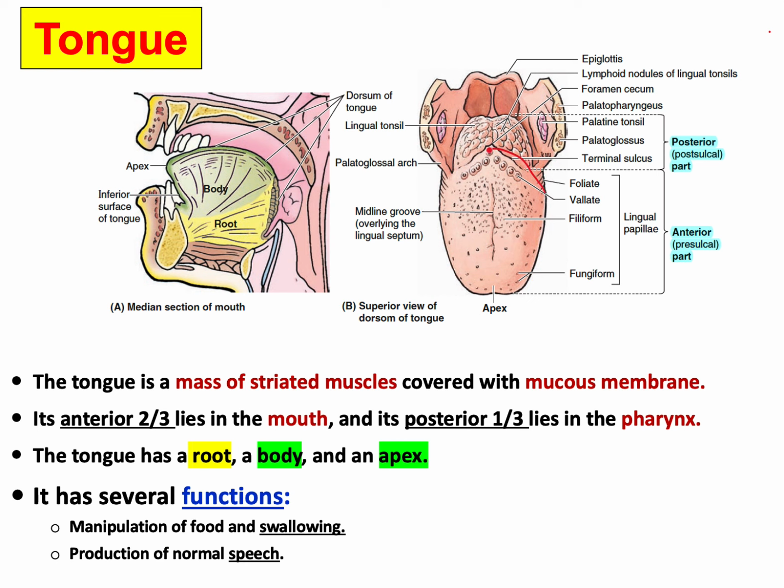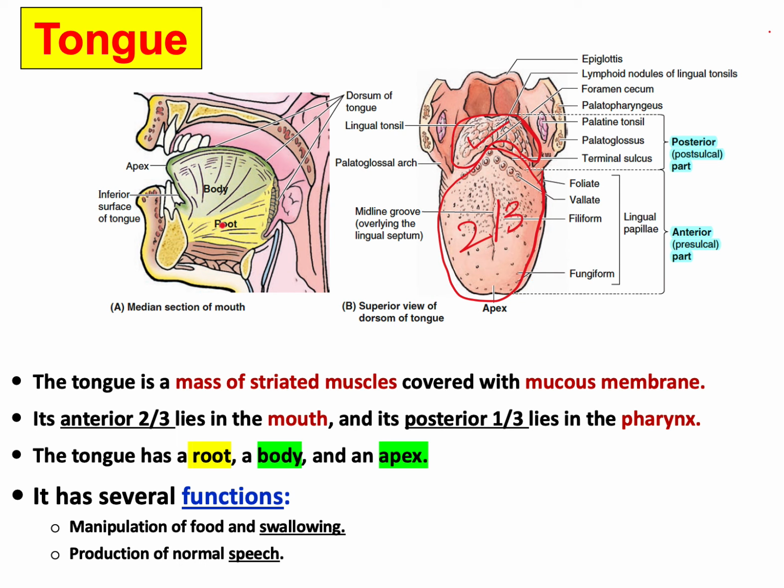This is the anterior 2/3 of the tongue, and this is the posterior 1/3. The anterior 2/3 is located in the mouth, but the posterior 1/3 lies in the pharynx.